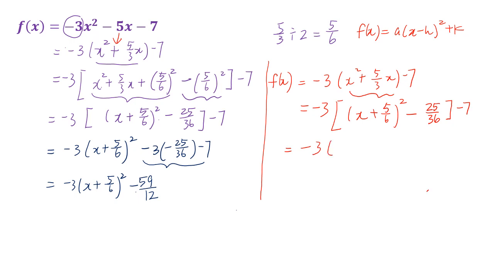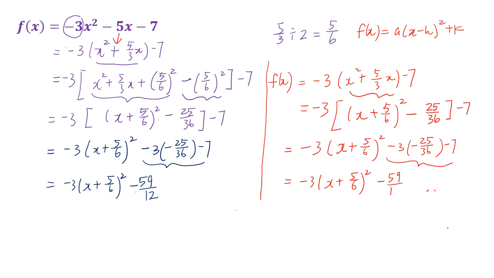So you multiply the negative 7 into your square bracket. And this, we can just use a calculator to work out. You get the same answer as what we have done earlier, which is negative 59 over 12. Okay, so here we are, two different methods. You see which method you are comfortable with.